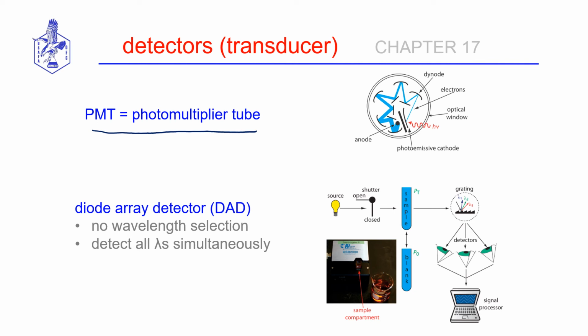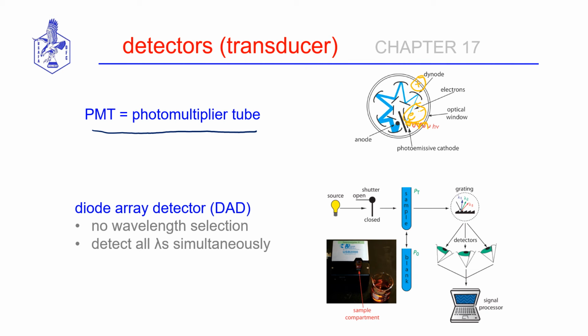How these work: your photon comes in, it slams into a dynode, an anode, a photoemissive material that's going to eject electrons once that photon transfers its energy. Those electrons get accelerated towards another electrode that is applied a positive potential.